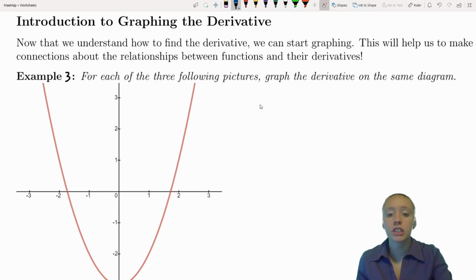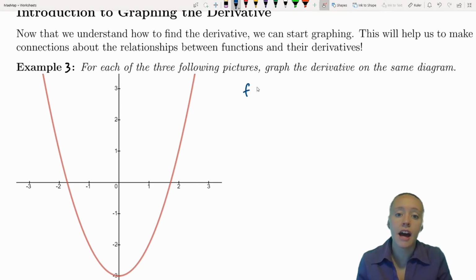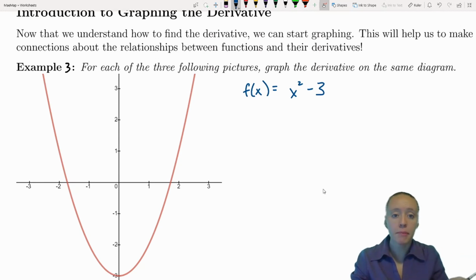For this first graph, I used my same function from up above, f of x equals x squared minus 3. If you remember, we found the derivative function was f prime of x equals 2x.